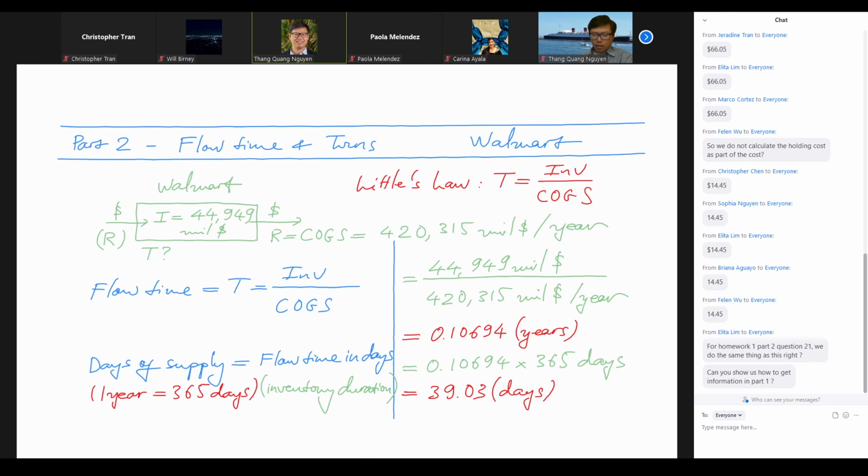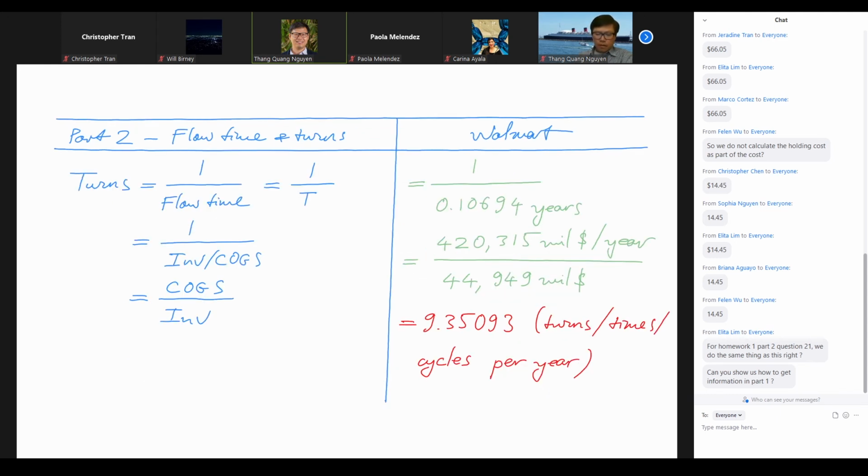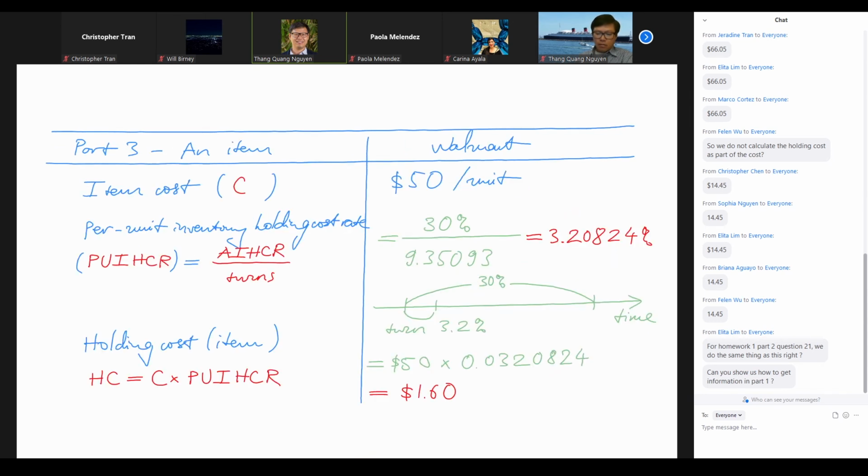Oh, okay. How to get the information in part 1? Okay, I will try that for you. And then the flow time. The turns is 1 divided by the flow time, or we can do that as cost of goods sold divided by the inventory. I hope I do not go too fast. Right, that's a turn. And then the per unit inventory holding cost rate is just the annual rate divided by the number of turns.